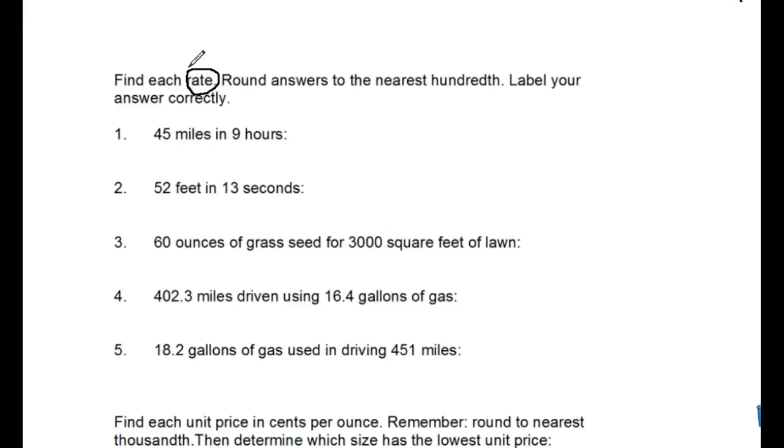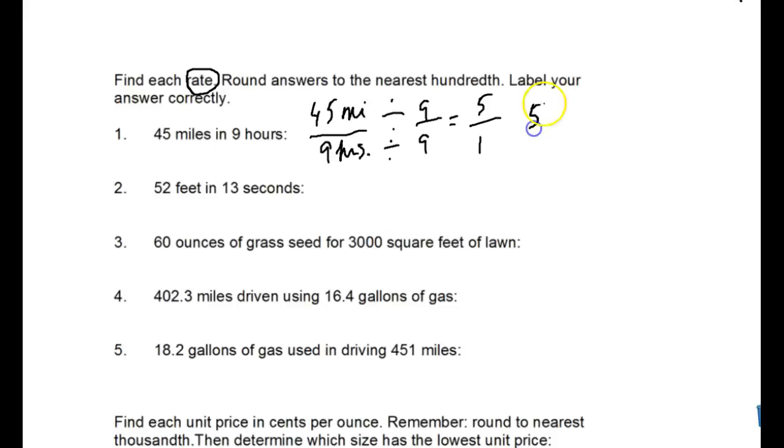So I'm going to have 45 miles divided by 9 hours. And I'm going to divide both of those by 9. It's going to reduce down to 5 miles for 1 hour. 5 miles per hour would be that rate.